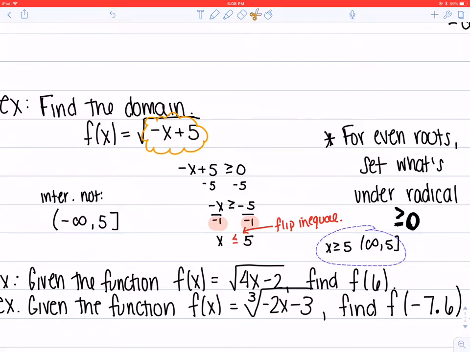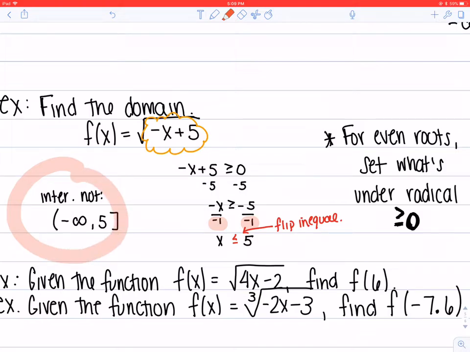On the right, the order is reversed. The infinity comes second because it's bigger. 5 is smaller, and I want the smaller thing to be first. So just keep that in mind. But that's how you find the domain, and this is the answer that I want: the interval notation, in this case negative infinity to positive 5.